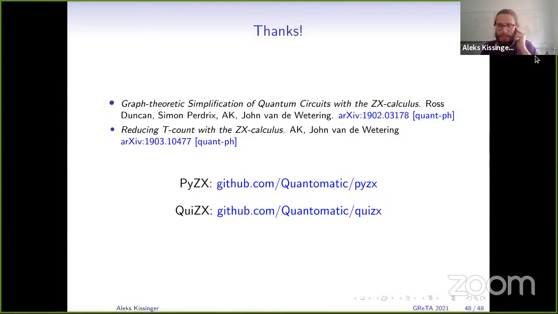But what you normally see in that kind of work is that you still have a relatively small number of identities which suffice to prove everything. So for instance, with Clifford circuits, there's something like 10 or 13 rules which can prove everything.